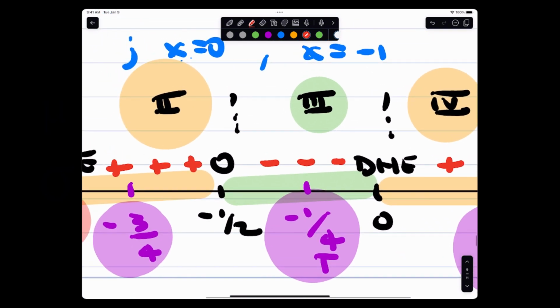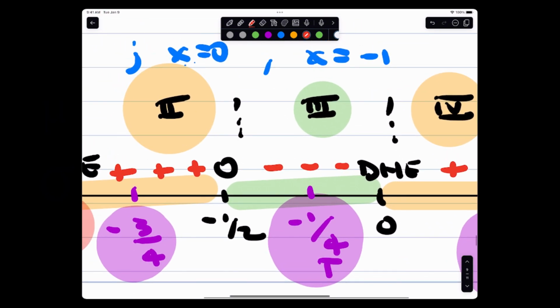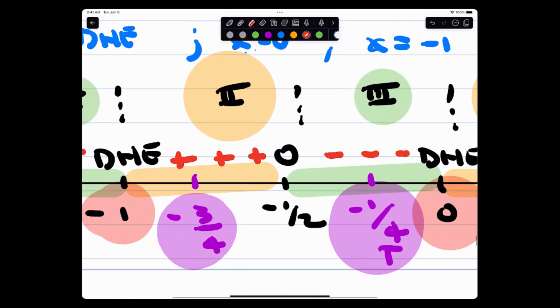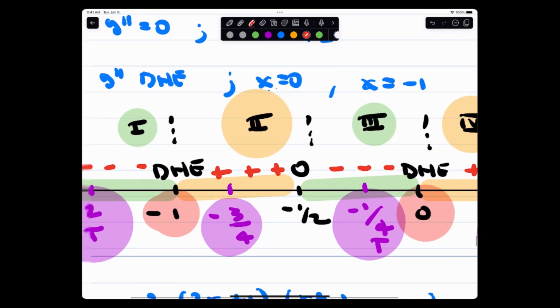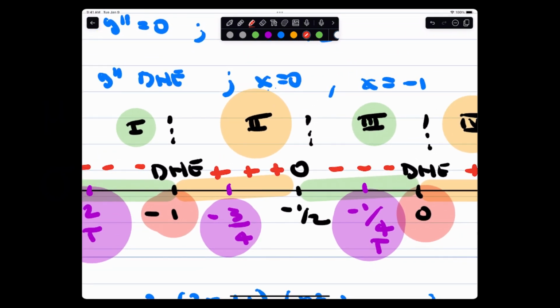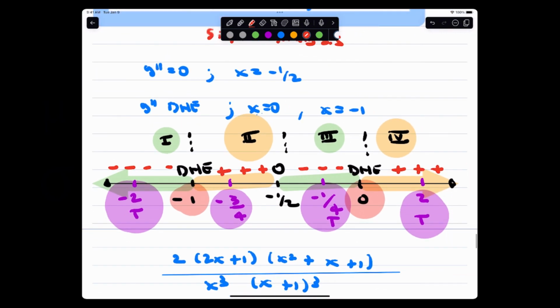Similarly, where's the other vertical asymptote? 0. So if you said, oh, I got these inflection points at -1 and 0 because my regions changed concavity, right? Because you look at this and you go, concave down, concave up, concave down, concave up.